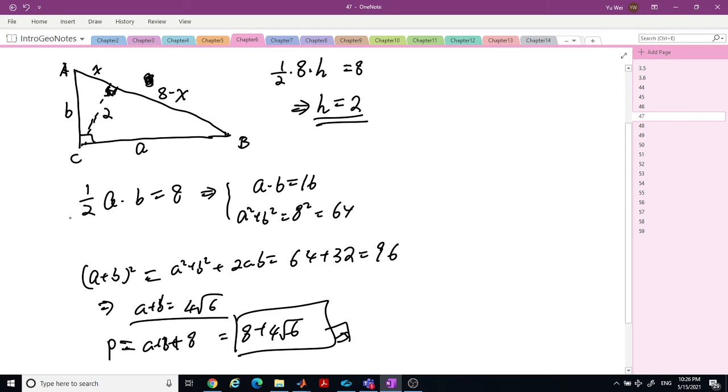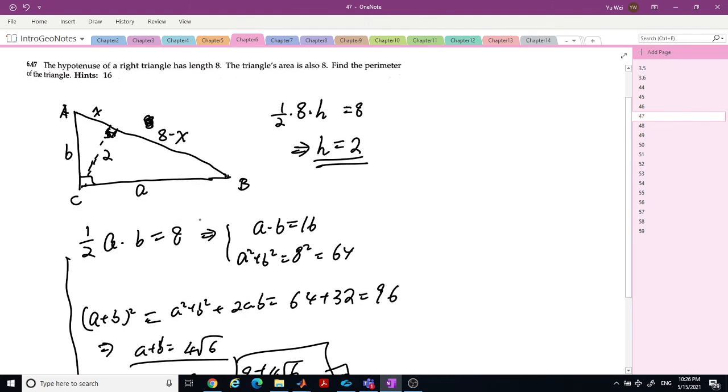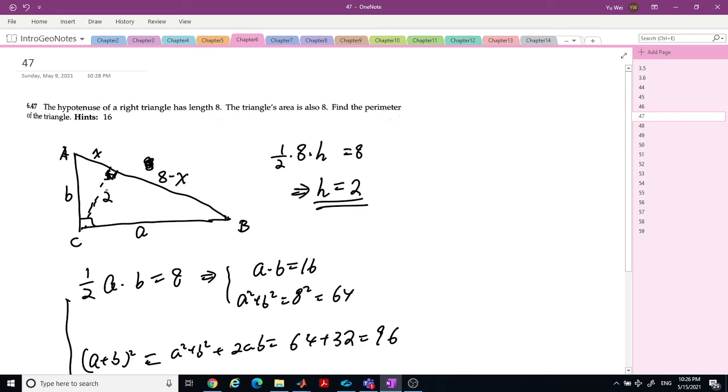Okay, this is the first way. The second way is the same thing. Basically we can also use the similar triangles. Here we have 2 squared, right? Well, I taught you before, this square is equal to x times 8 minus x.